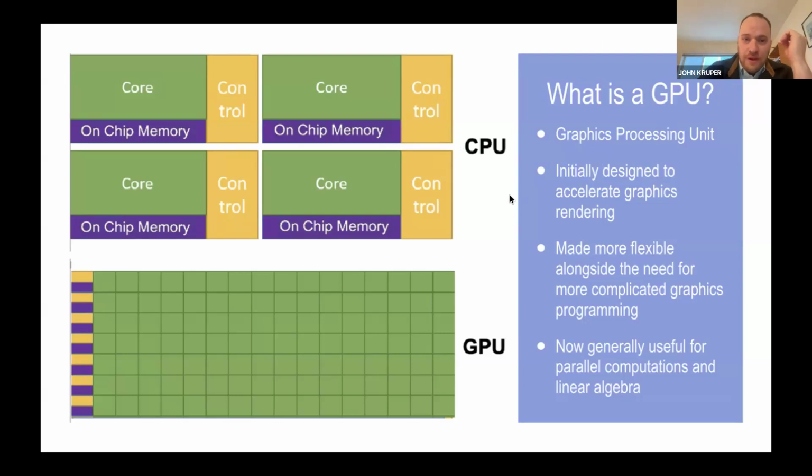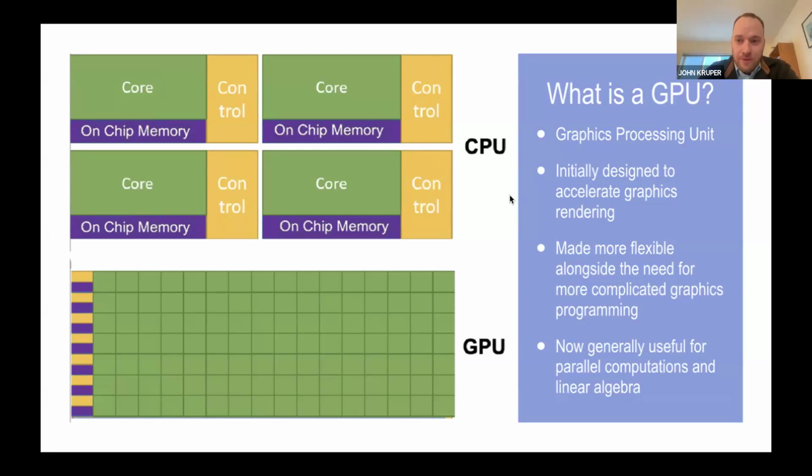So on the left here, I show a figure, which is a rough schematic of the difference between the GPU, which is the graphics processing unit, and the CPU, which is what you're probably normally using to run your code. So with the CPU, you might expect to have on the order of four different cores. If you're not familiar with hardware, no worries. The idea is these are each little workers that are running through and executing your code.